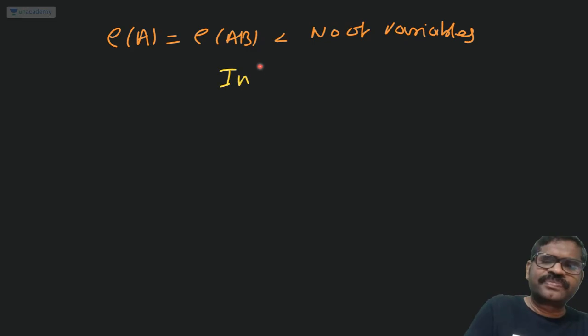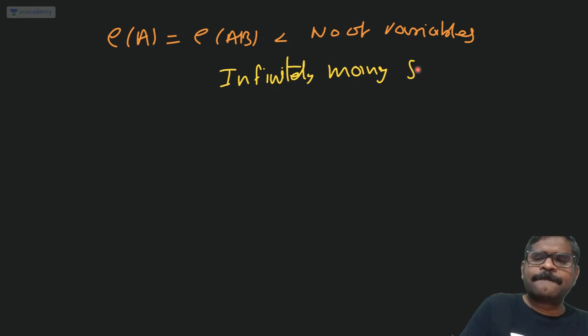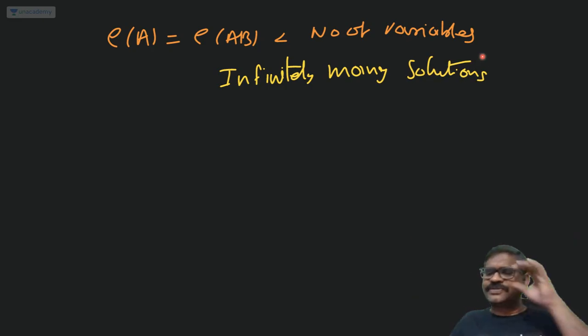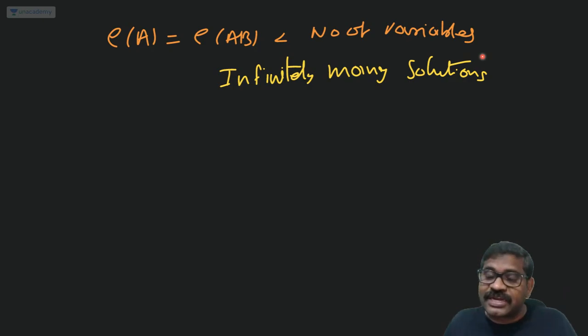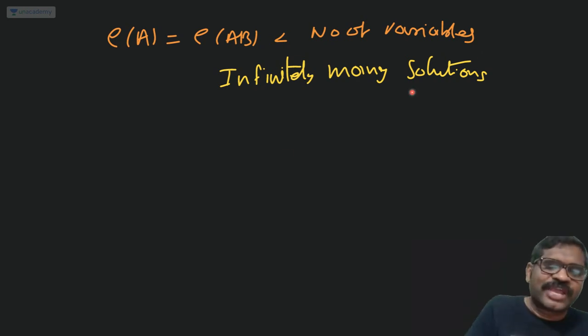Therefore, infinitely many solutions. Whenever the rank of A and rank of AB are equal and less than the number of variables, you have to introduce free variables. So how many free variables do you have?